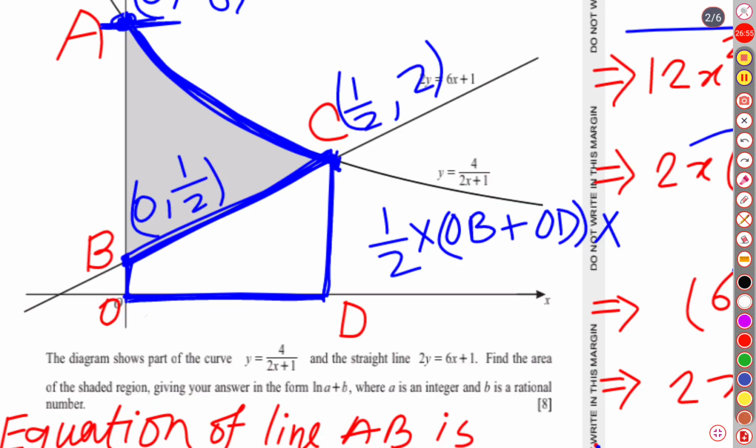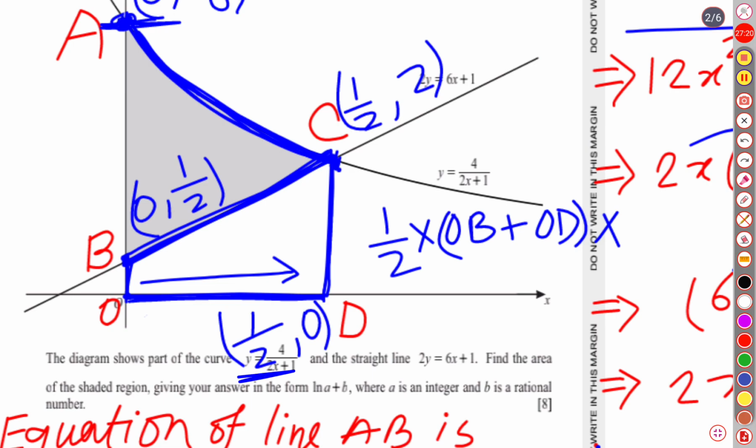So how much is OD? You know the coordinates of D: for x we have already obtained the coordinates of C. The x coordinates of C and D are the same, so it is half. And the y coordinate is definitely 0, isn't it? Now, the distance from O to D is very simple.